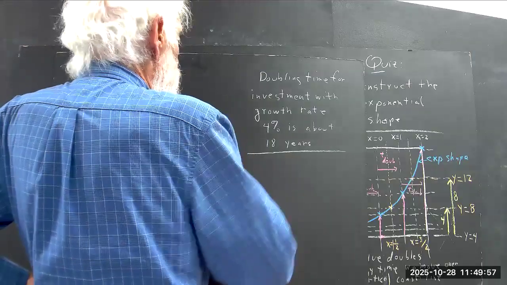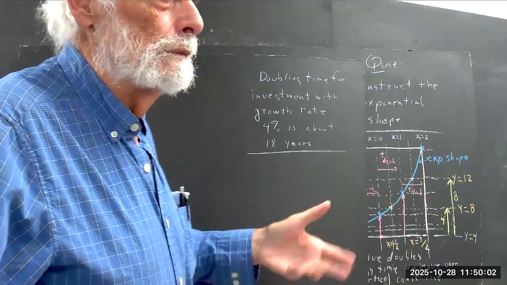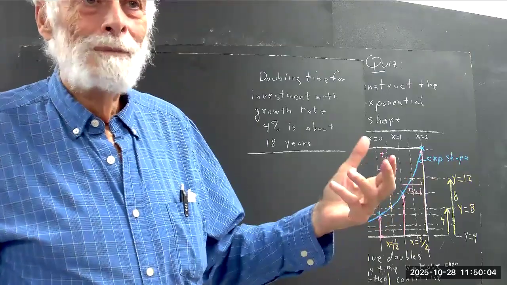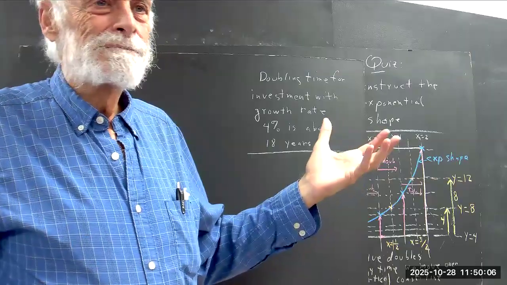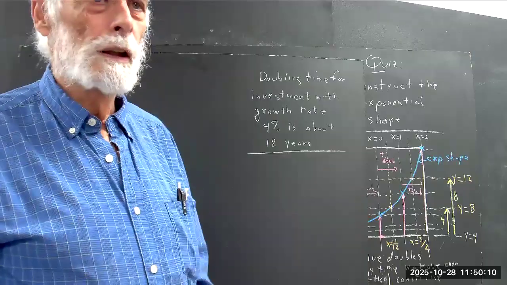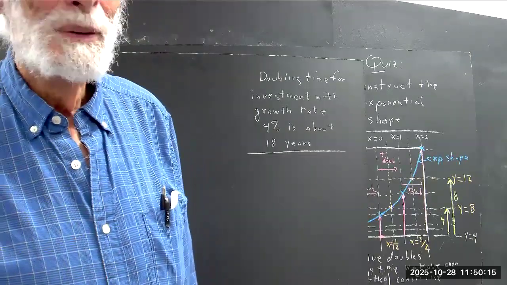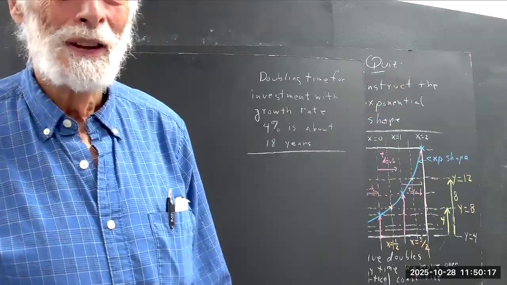Okay, so I'm going to sketch an investment. How much money do you want to invest here? You probably haven't had time to earn a whole lot of money. Let's say you've only got $100,000 to invest. You want to see how long it's going to take that to grow to 200,000.